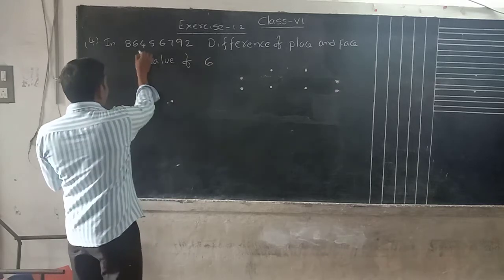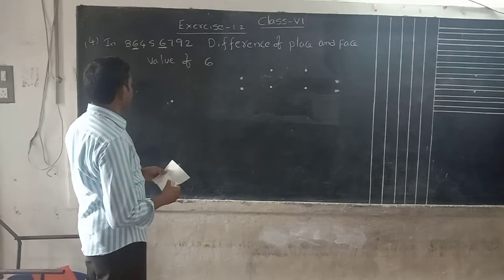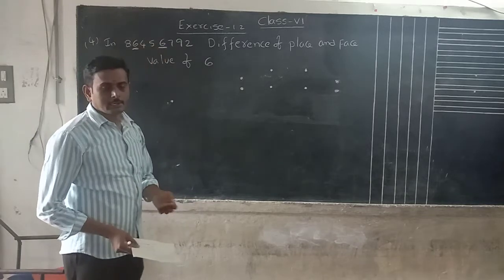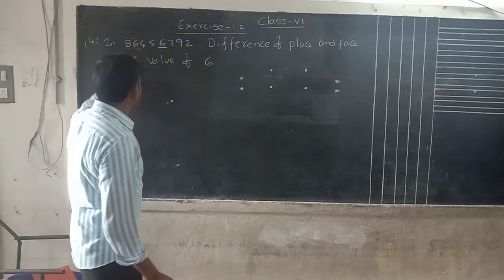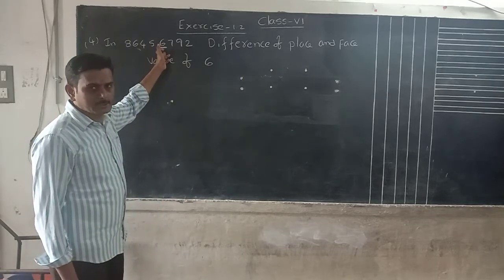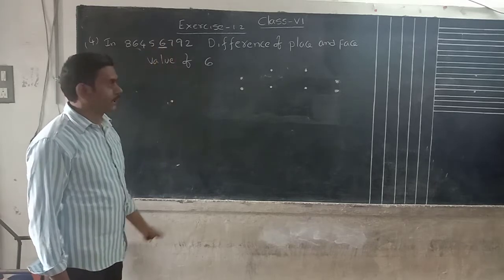Two 6s are there. Each one we want to calculate, or any one according to the question. Otherwise, they will underline like this. For this we find the face value and place value and take the difference. Difference is nothing but subtraction.